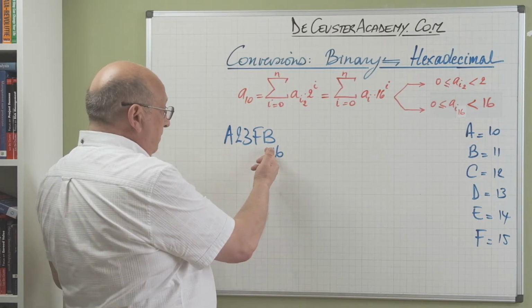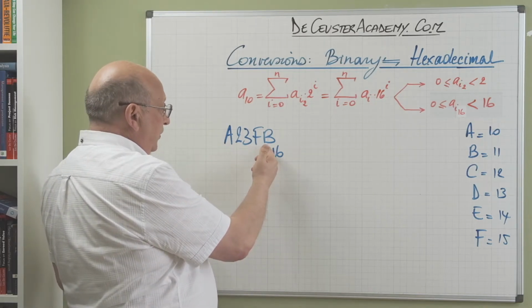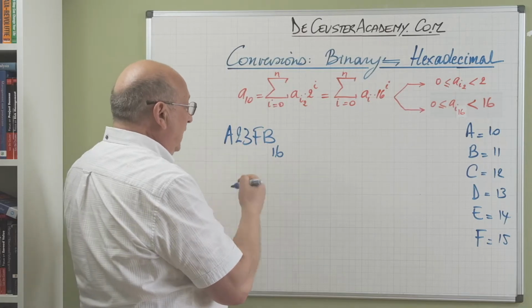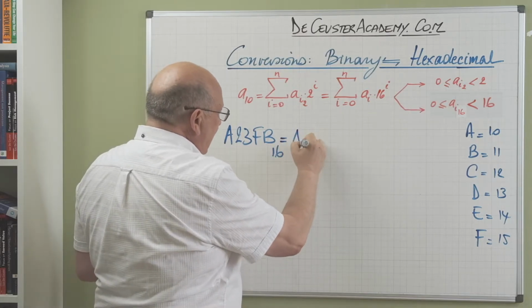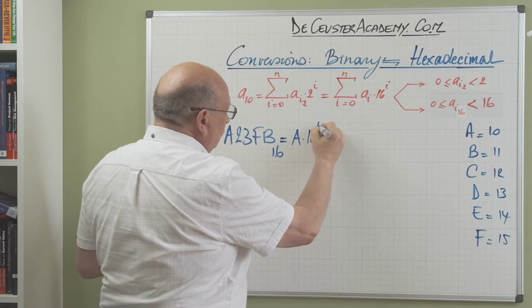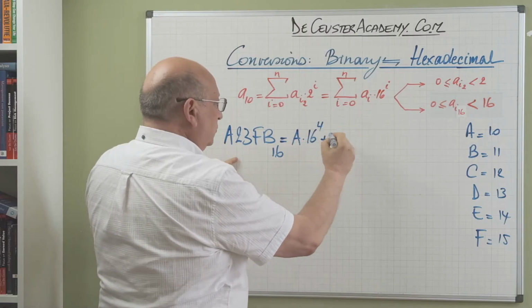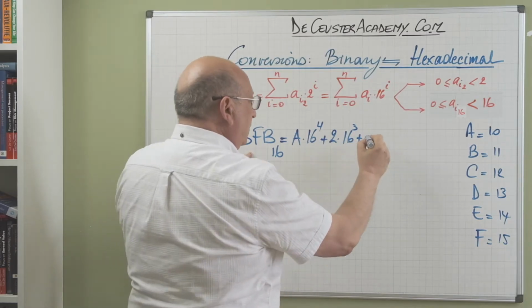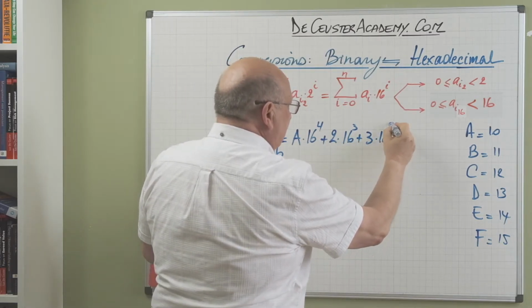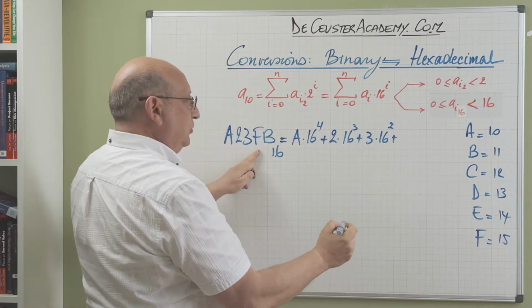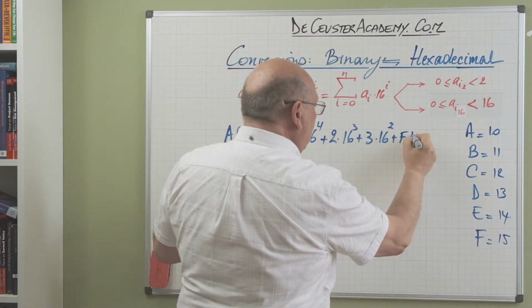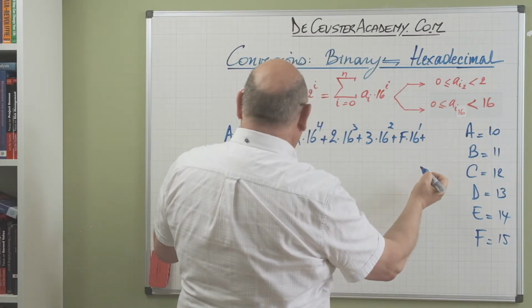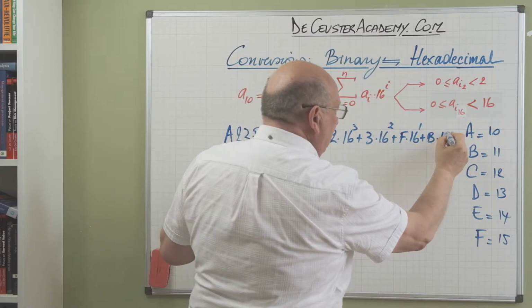We have 16 to the power 0, 1, 2, 3, 4. So we can say this is A times 16 to the 4th power plus 2 times 16 to the 3rd power plus 3 times 16 to the square plus F times 16 to the 1 plus B times 16 to the power 0.